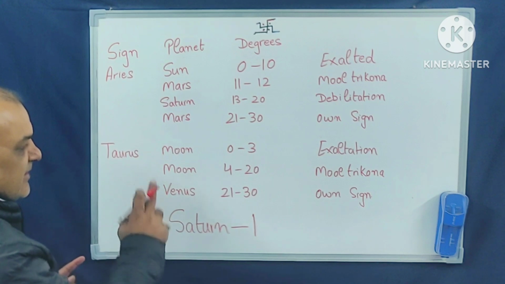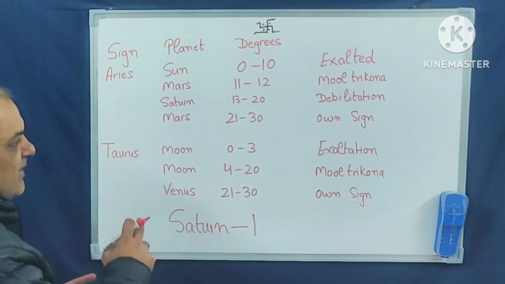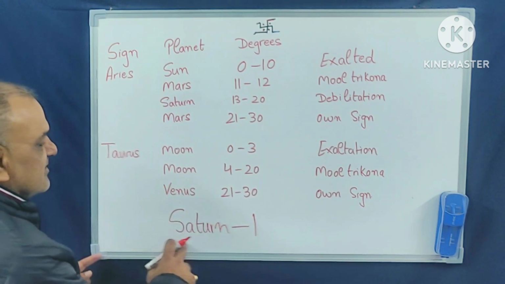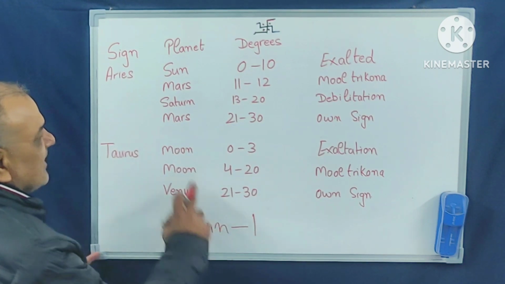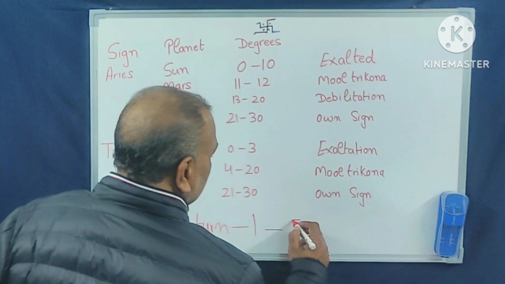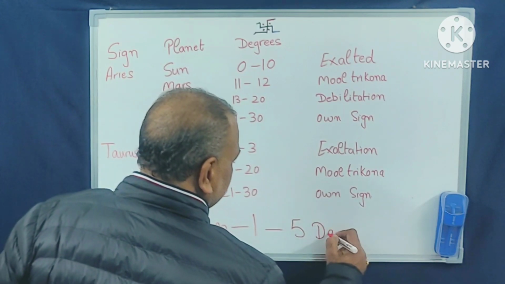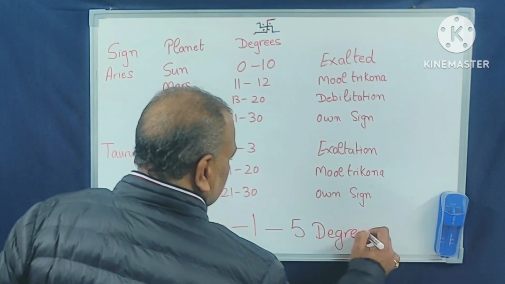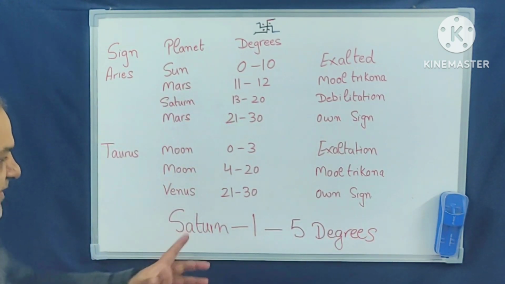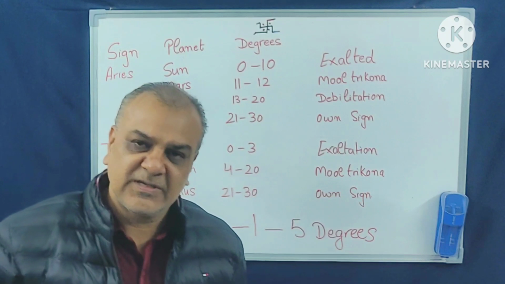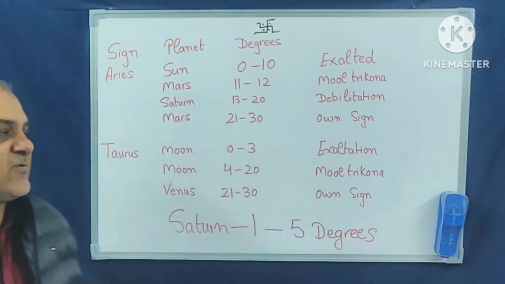First see the degrees, then you make a final statement whether this Saturn is debilitated or not. So if this Saturn is at 5 degrees, then there is a twist in this Saturn. What is the difference? What is the twist?